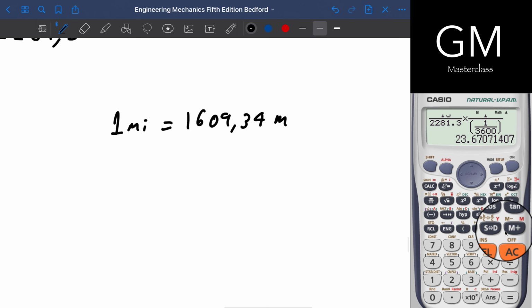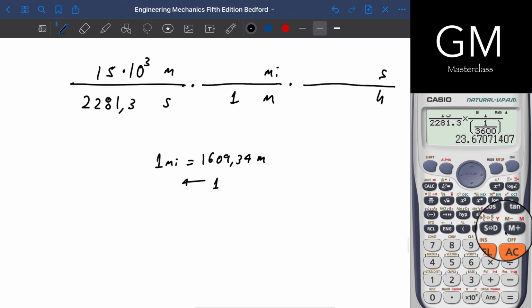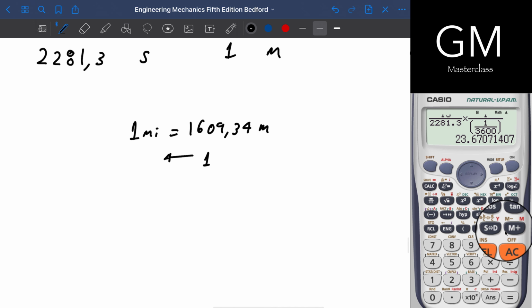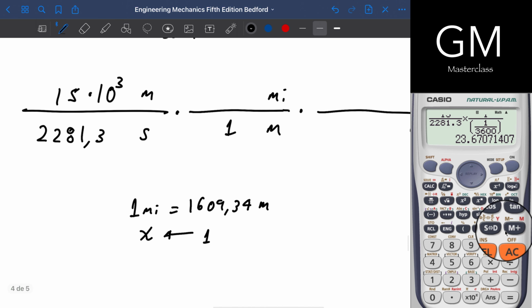So I'm going to do the same thing that we did here. So the result is 1 divided by 1,609.34.